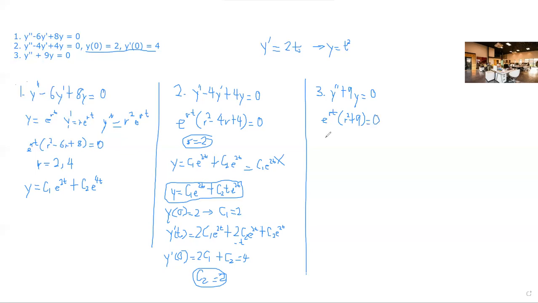And then you would realize something very confusing. r will equal plus or minus 3i. So then you go, wait a second, y is equal to C1 e to the power of 3it plus C2 e to the negative 3it.